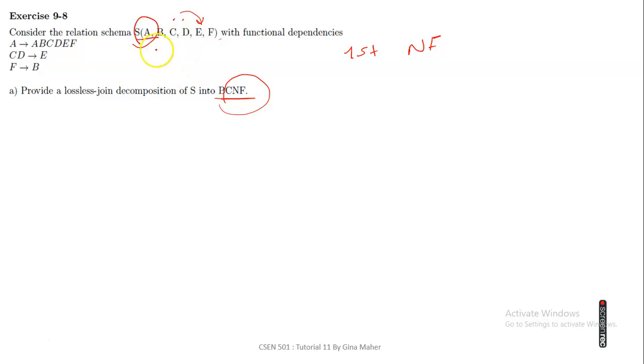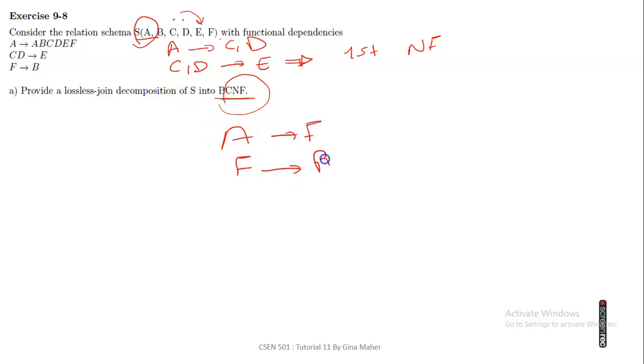Now let's check whether we have any transitive dependency or not. From A, we can get C and D. And from C and D, we can get E, which means that this is a transitive dependency. And from A, we can get F. From F, we can get B. So this is a transitive dependency as well.